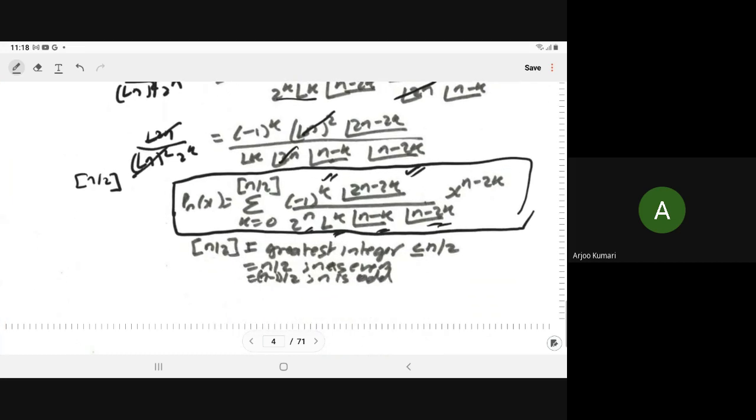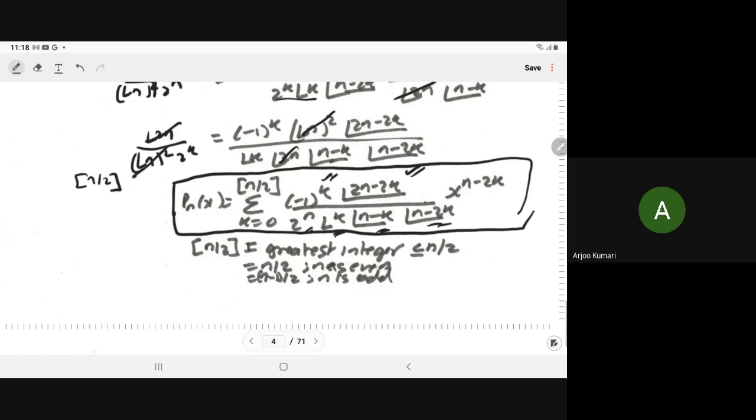And this greatest integer of n by 2 is the greatest integer which is not more than n by 2. So it is equal to n by 2 when n is even, and n minus 1 by 2 when n is odd.